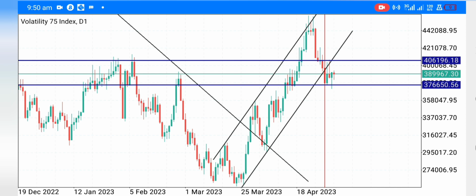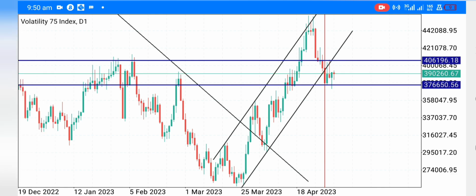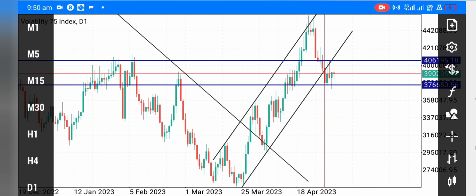I click the button from the signs I'm getting from 15 minutes. Even if we are going to make an entry on the monthly, we click the button from the 1 hour, 15 minutes, and 4 hour also. If we are going to make the entry from the daily, we click the button also from the 15 minutes, 1 hour, and 4 hour. So it's very important to understand the strategy and how it works. If you get the strategy, that's all.